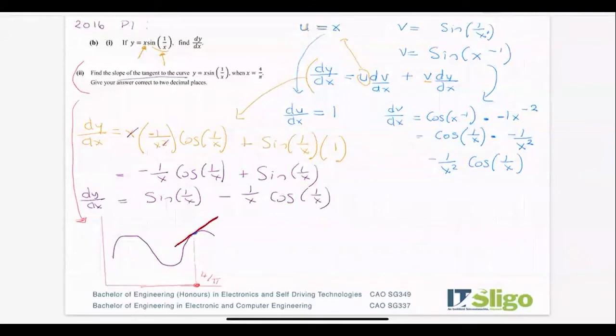So as you know, if you get the slope of a line, it's just a single value, because the slope or the slant or the rate of change of that line doesn't change at all. So the slope of the tangent at that point is the same as if you got the slope of the curve at the point 4/pi.